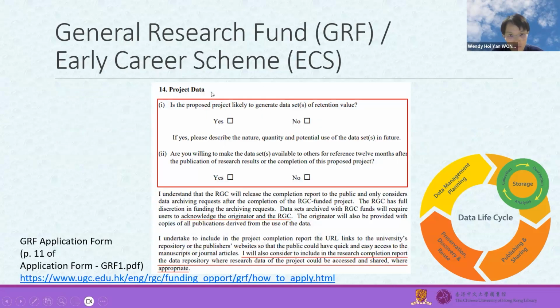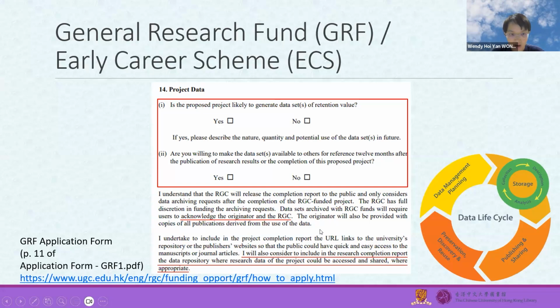And in the same form, it also asks you, is the proposed project likely to generate data sets of retention value? Whether you will generate any data that will be shared in the future, and are valuable to be shared. And would you like to share your data within 12 months after the research project?